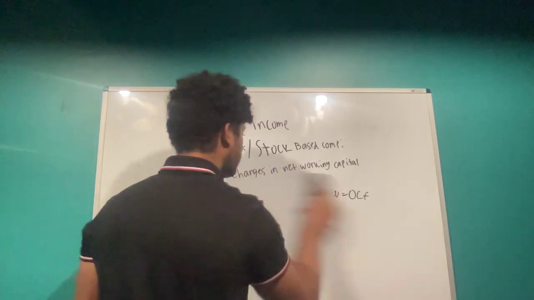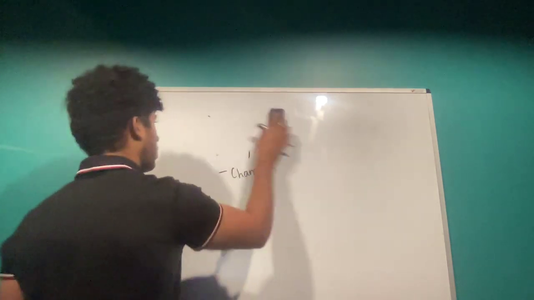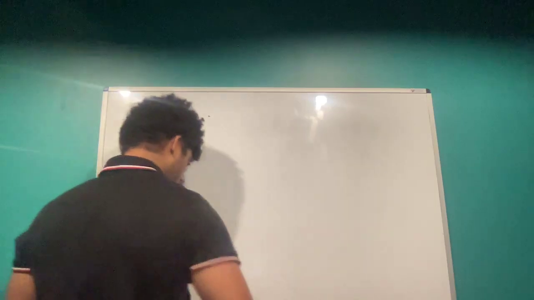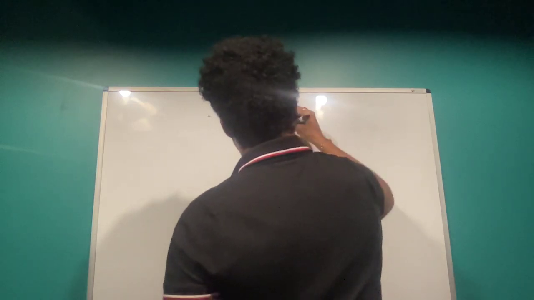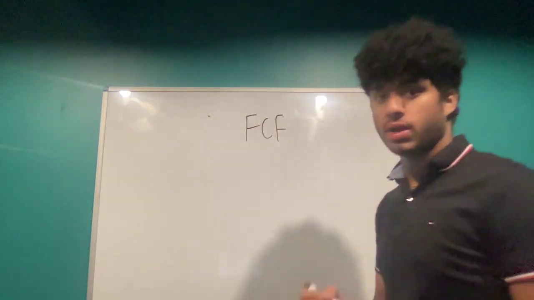Now, let's just touch on a few more things before wrapping the video up. So, we've explained how to get to FCF, free cash flow. But there's a few important things that I'd like to speak about before I can say that we've put this topic to rest.